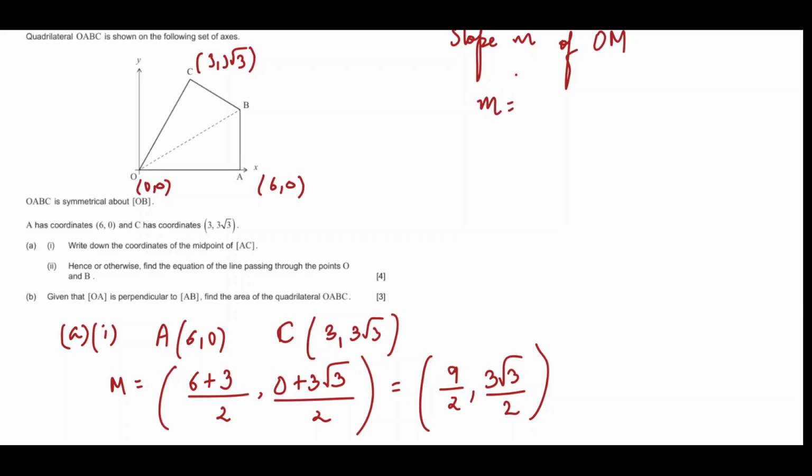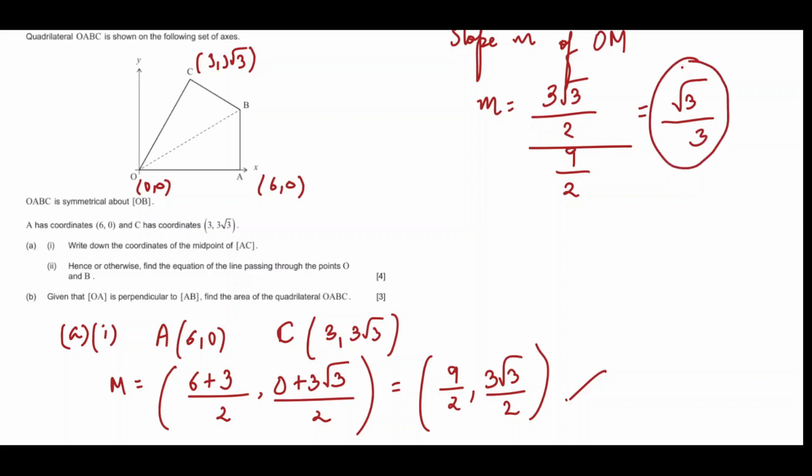So let's find out the slope of OM. The slope of OM will be 3 under root 3 over 2 over 9 over 2, because we have the coordinates of the point M. So what will be the slope? The slope will come out as under root 3 over 3. Now we have the slope of the line. We will use the equation of line, which is y equals mx plus c.